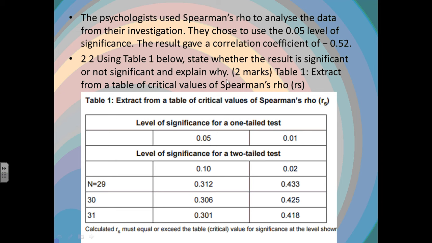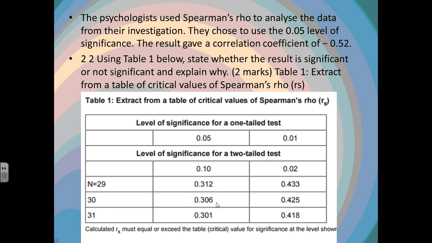Explaining why is written in a very specific way. You need to say that it is significant because, for 30 participants, the observed value 0.52 was greater than the critical value 0.306.